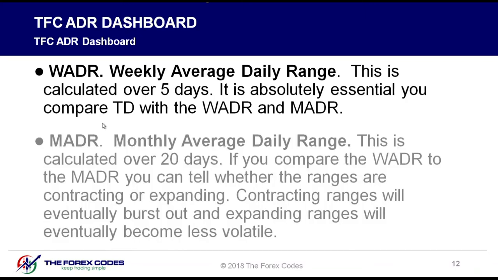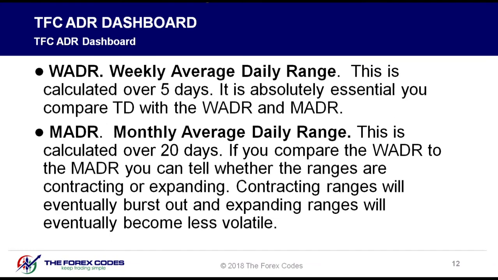We've just been through that. So the MADR, monthly average daily range, is calculated over 20 days. And if you compare the WADR to the MADR, you can tell whether the ranges are contracting or expanding, yeah? Contracting ranges will eventually burst out and expanding ranges will eventually become less volatile. That's over time.